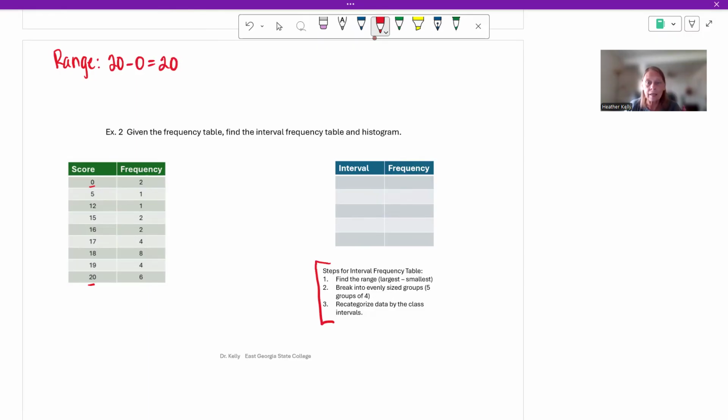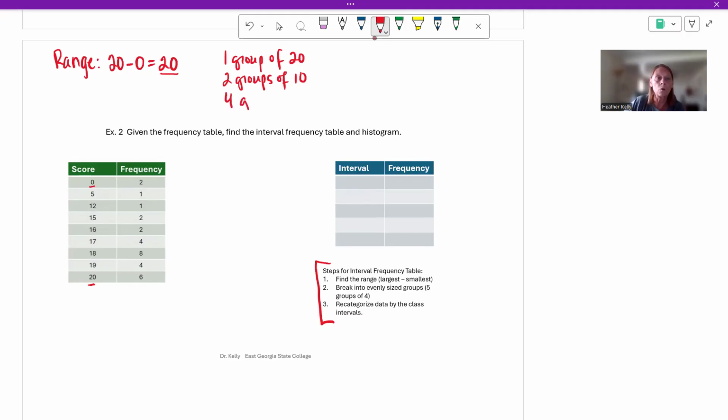And then the second step says break into evenly sized groups. Okay, so if our range is 20, we could have one group of 20 data points. We could have 2 groups of 10 data points. We couldn't do 3 evenly, right? So 3 groups is out.